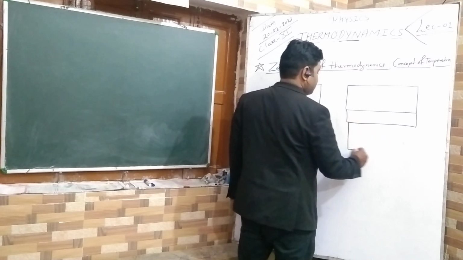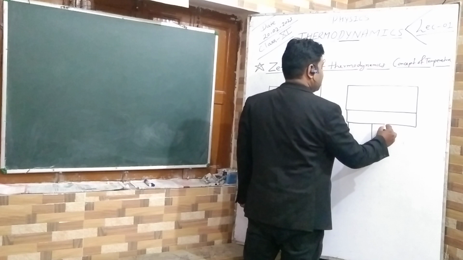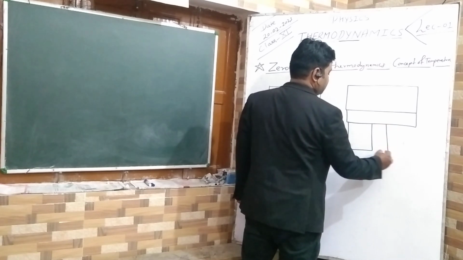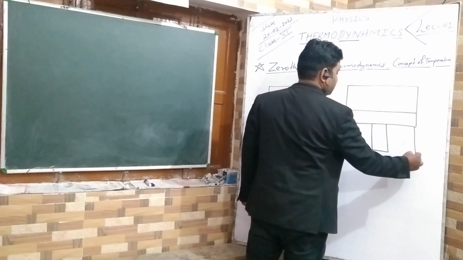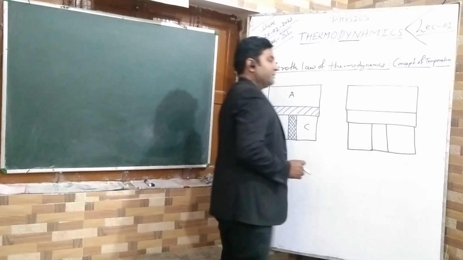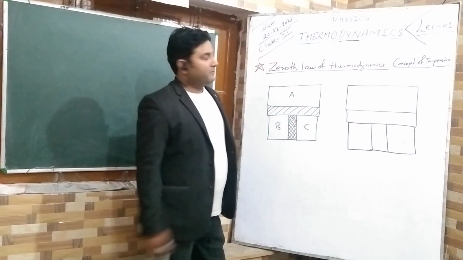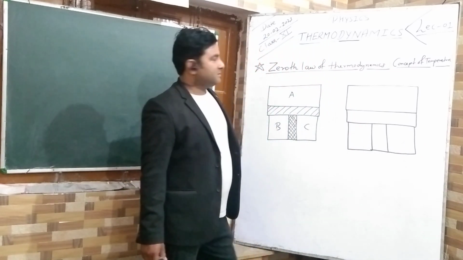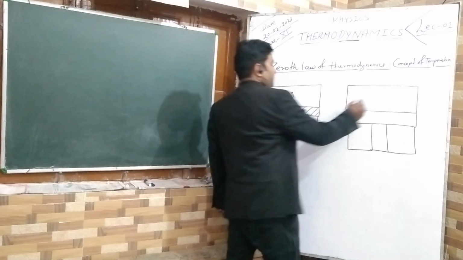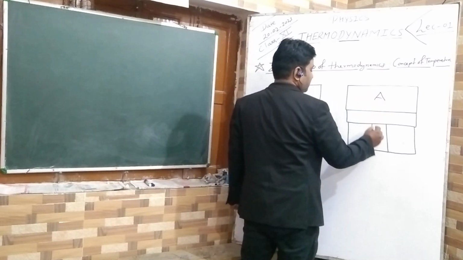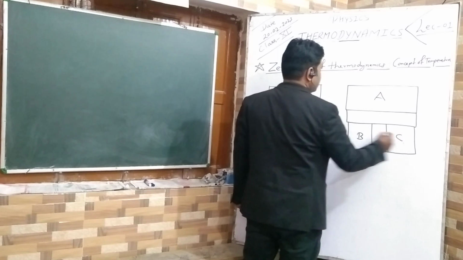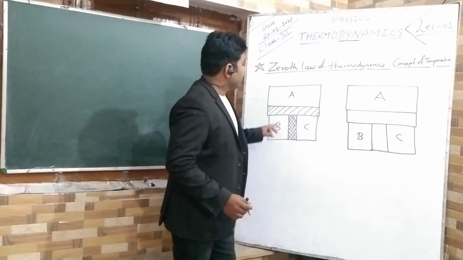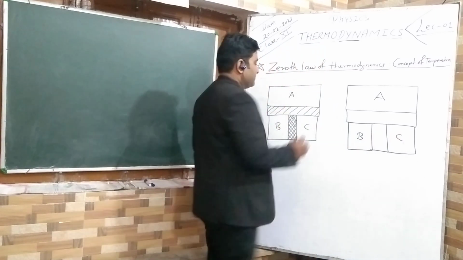Very simple concept of zeroth law of thermodynamics. When you understand the diagram, then you can write down this law within 2 to 3 lines. This is body A, this one is body B, and this one is body C. Only the replacement of what? Diathermic and adiabatic.